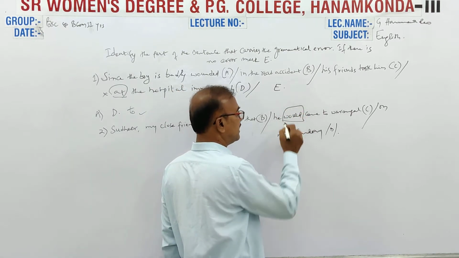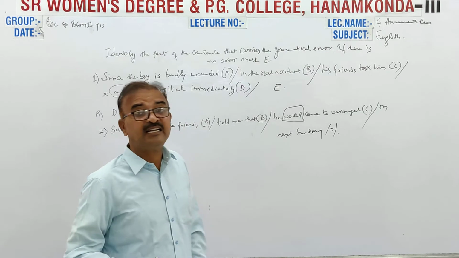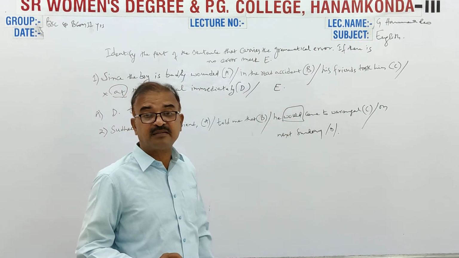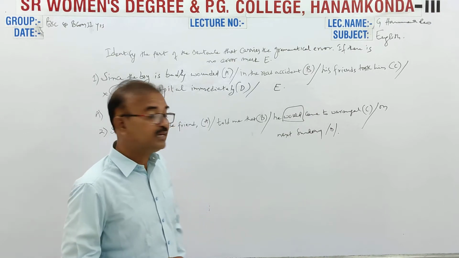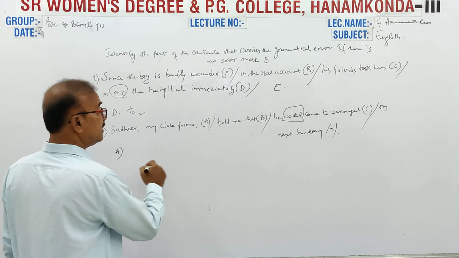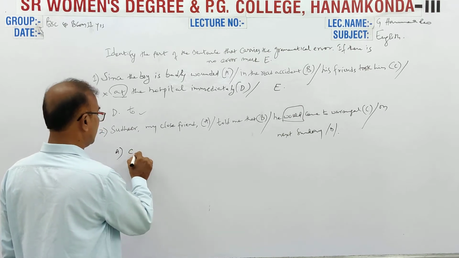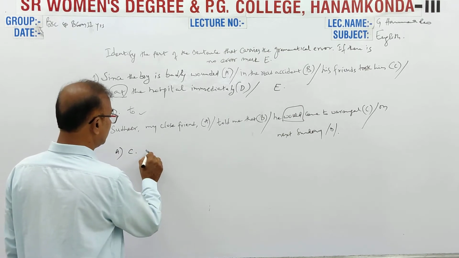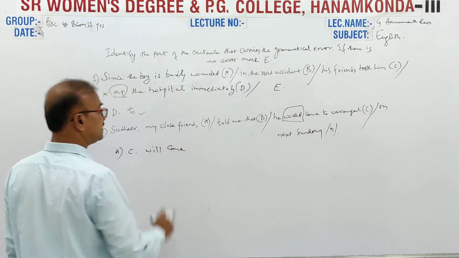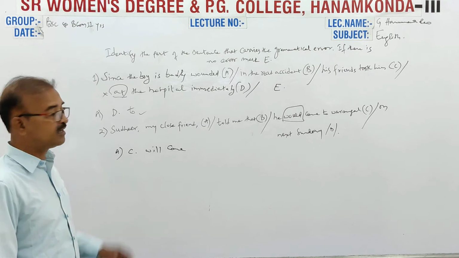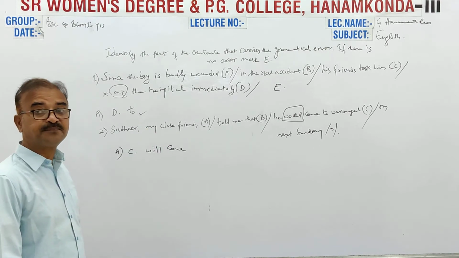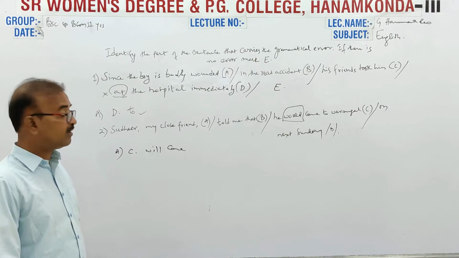Because here we are concerned with next Sunday, and when we are surely talking about next Sunday, this would doesn't get accepted. So what will you get here? The answer is in part C. And here would changes to will: he will come to Warangal on next Sunday. So will come, not would come. Okay.